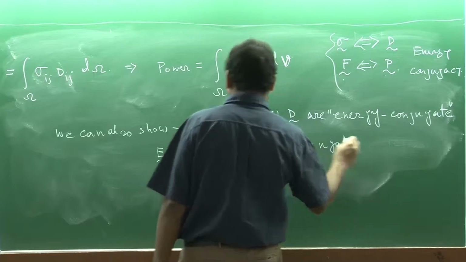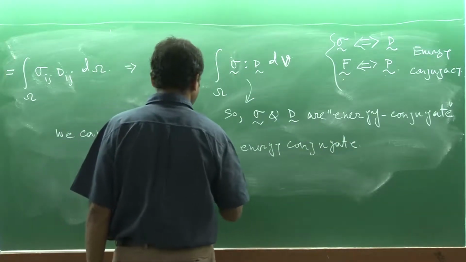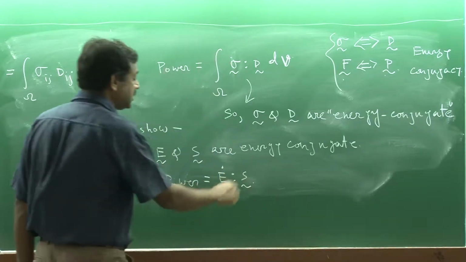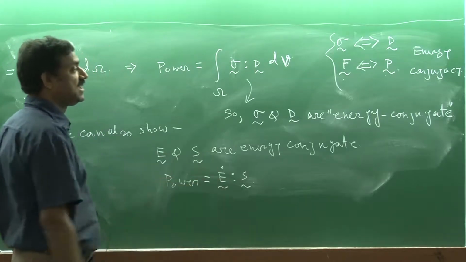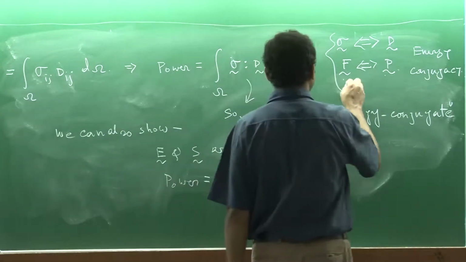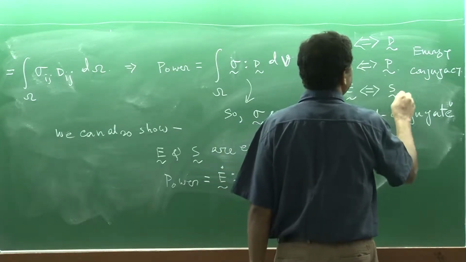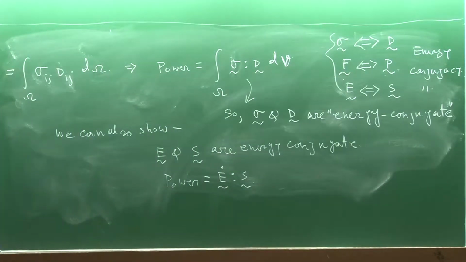So basically the stress power will also be given by the inner product between the second Piola-Kirchhoff stress tensor and E dot, the rate of the Green-Lagrange strain tensor. These three pairs you should recall. This last proof I will do next time. There are three pairs of conjugacy. These are extremely important, especially in constitutive relationships.